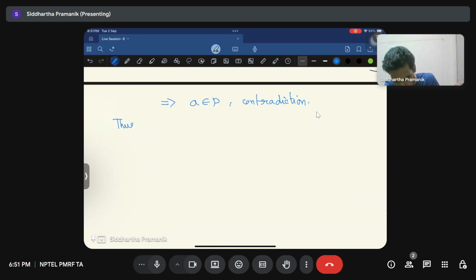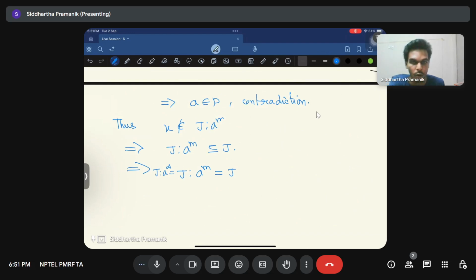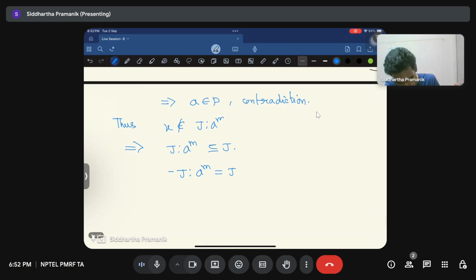Thus x cannot be in J colon a power m, and this implies J colon a power m has to be a subset of J, and hence J colon a power m equals J. And J colon a power m is the same as J colon a power infinity, which is the saturation of J with respect to a.